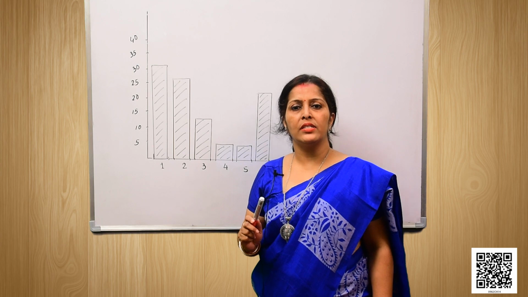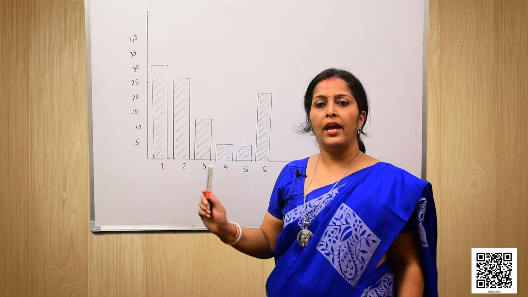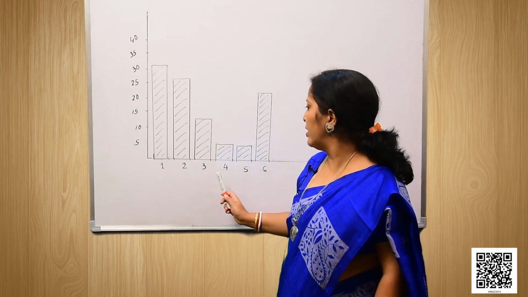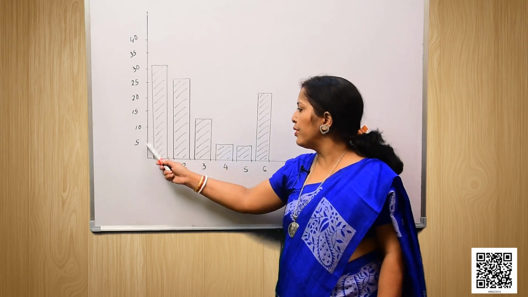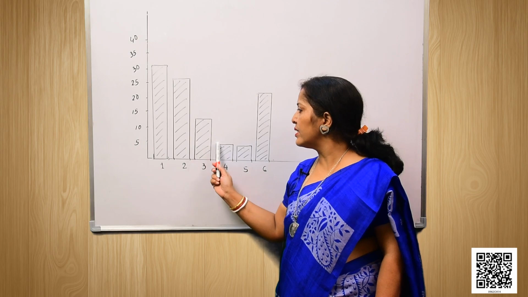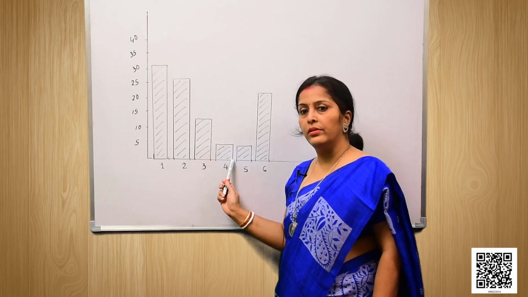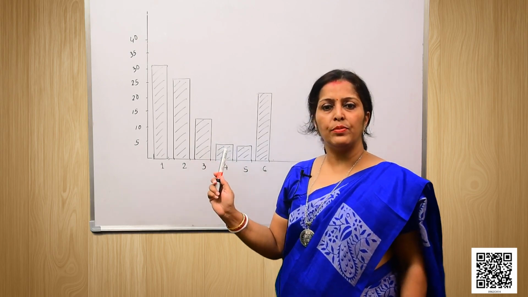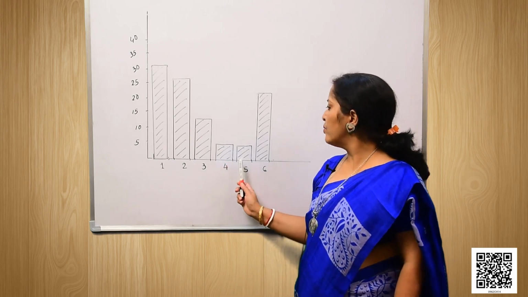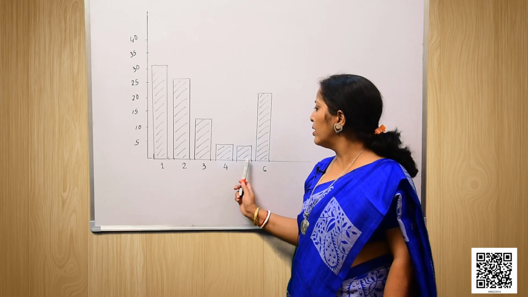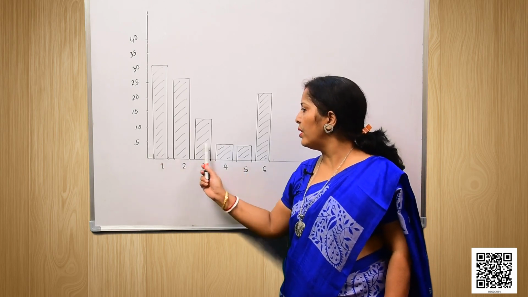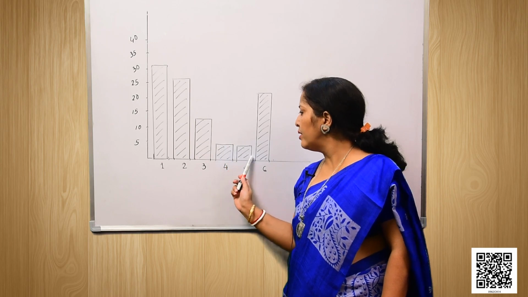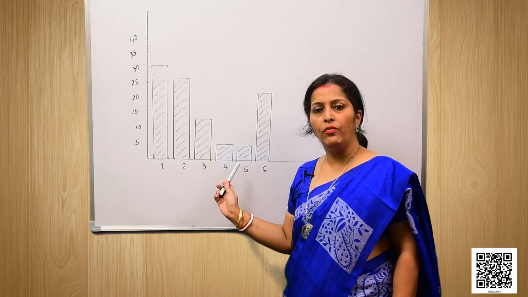And the number 4 is cardiovascular conditions, and the percentage is 4.3. So on top of 4, the line will go up to the point 4.3 along this vertical line and will come down here. Number 5 is respiratory conditions, and the percentage is 4.1. So on top of the number 5, the point will move up to the point 4.1 along the vertical line and then will come down at the end point of 5.